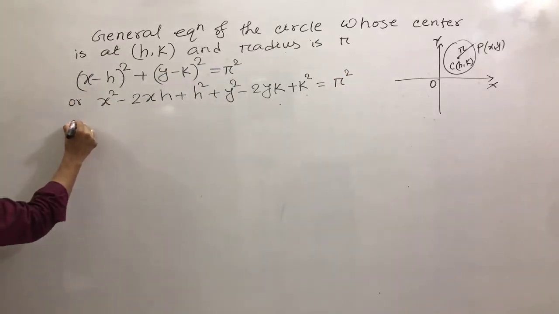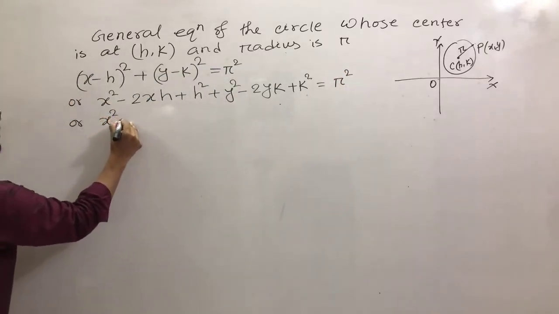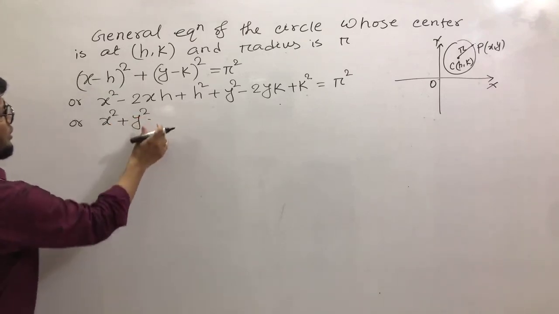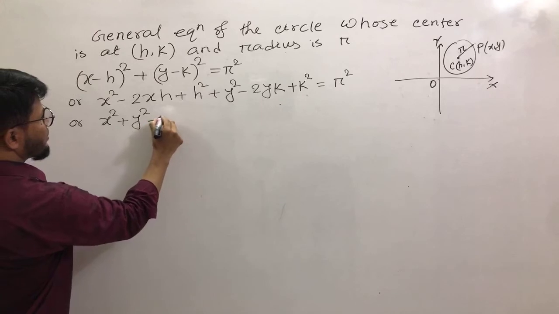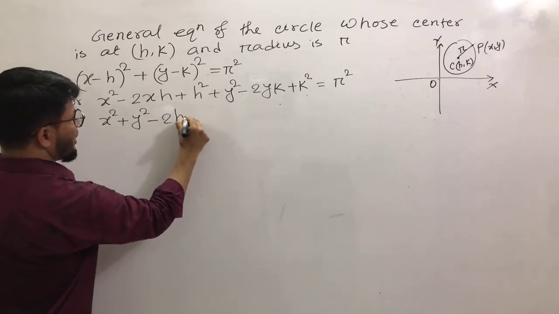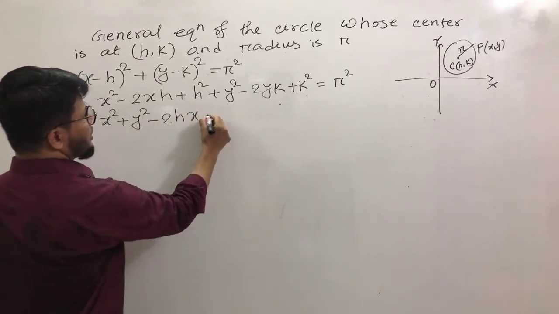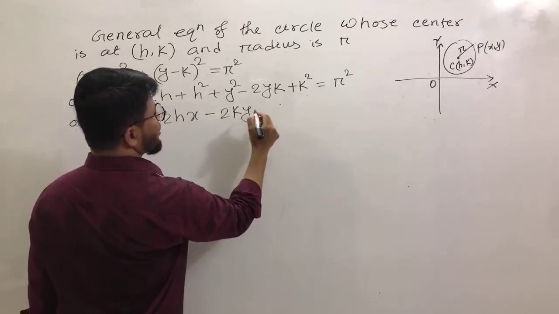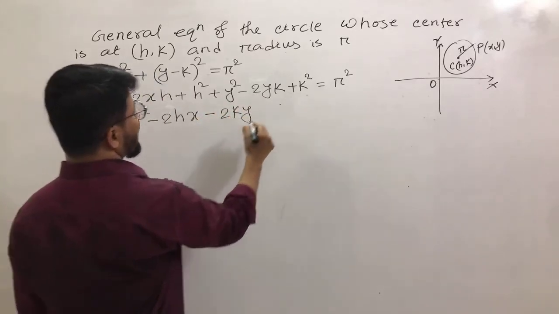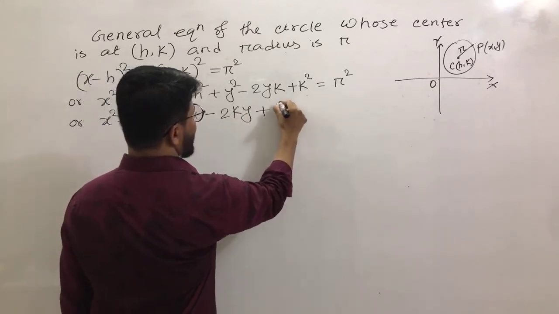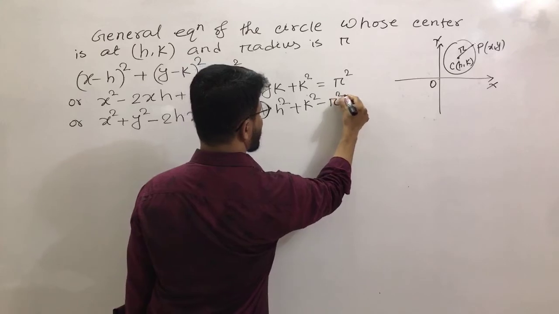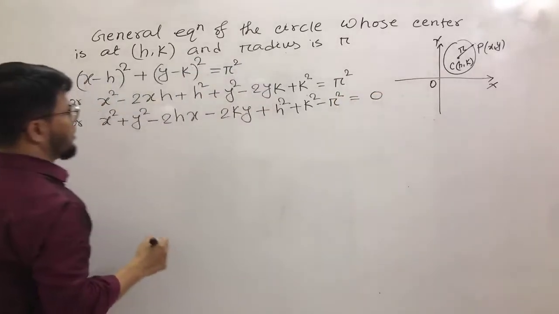So now x square plus y square minus twice hx minus twice ky and plus h square plus k square minus r square equals 0.